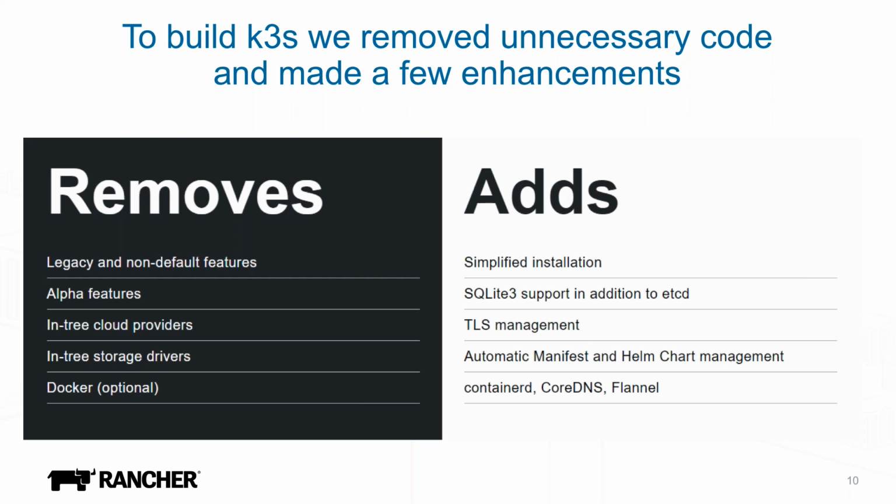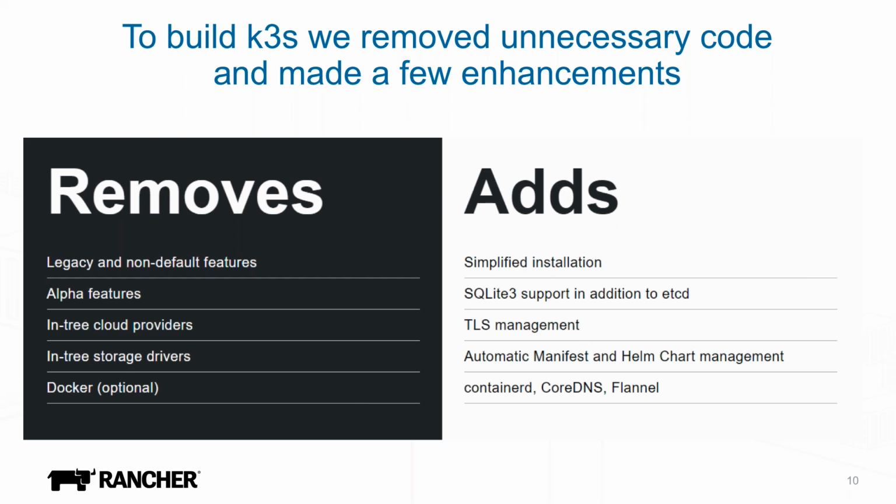The model for sharing code in Kubernetes and for sharing new ways to do things is all in tree. And so there's a lot of stuff in tree in the source that you don't use when you're running Kubernetes. In addition, there's a lot of development going on, so there are legacy and non-default features that get built into it.